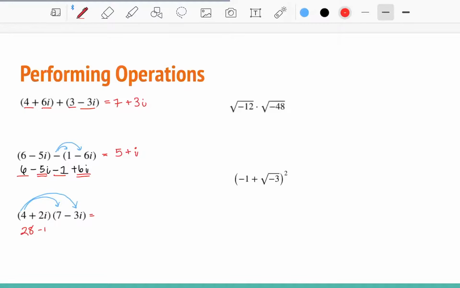I'll get negative 12i. I'm going to multiply my 2i times 7, and I will get plus 14i. And then I'm going to multiply 2i times -3i. So I'm going to multiply my coefficients together, 2 and -3. That will give me -6. And then I have i squared.